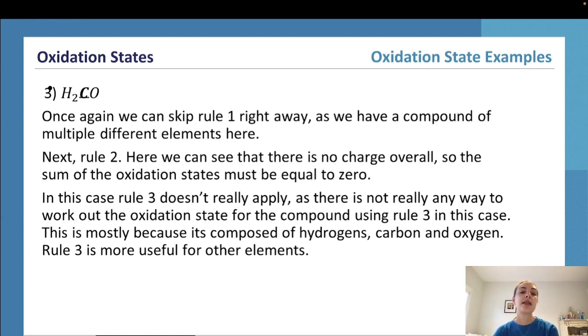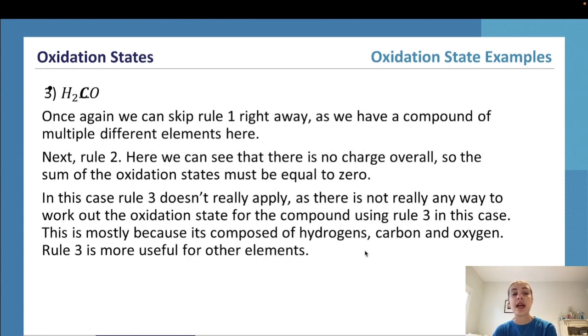And then in this case, we know that rule number 3 is not really going to apply because we don't have those group 1 metals in there, or group 17 elements, so we can't apply that. And this is because it's mostly composed of hydrogen, carbon, and oxygen. So rule number 3 is typically more useful for other elements.